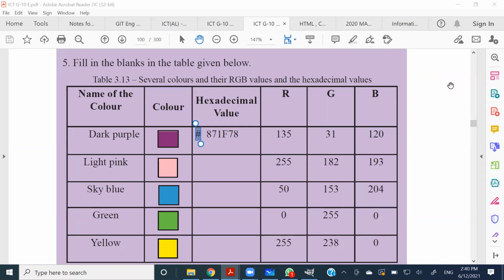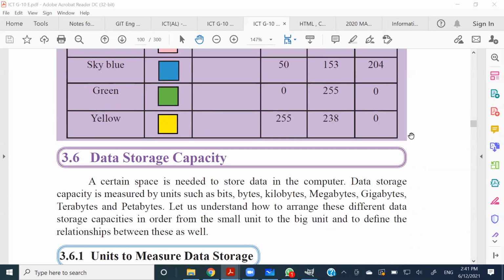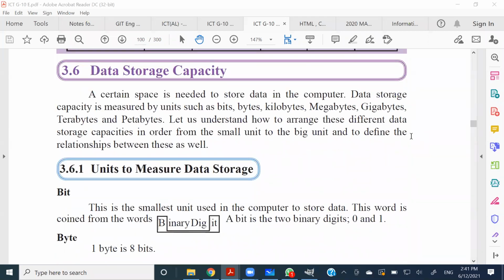This IP address is a collection of ones and zeros. That means binary numbers, right? So likewise, in many different ways, our computer uses these number systems to represent particular components in the computer, right? Okay, so today we are going to move on to learn about data storage capacity.